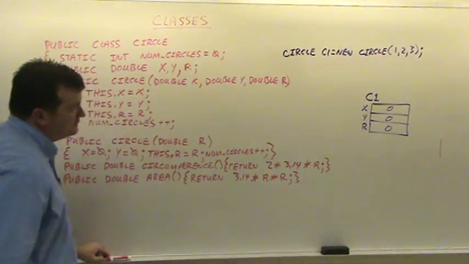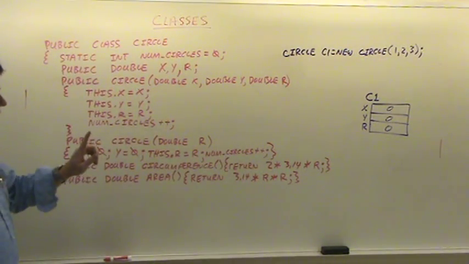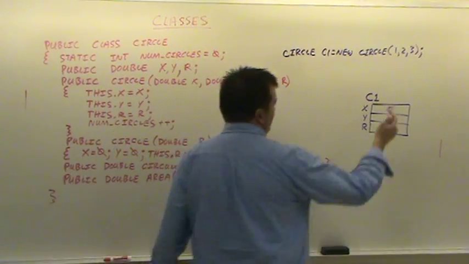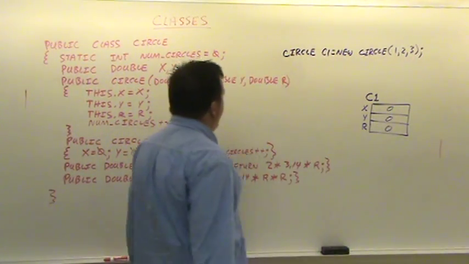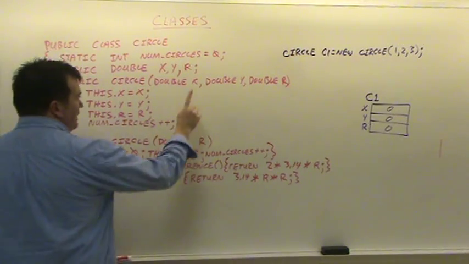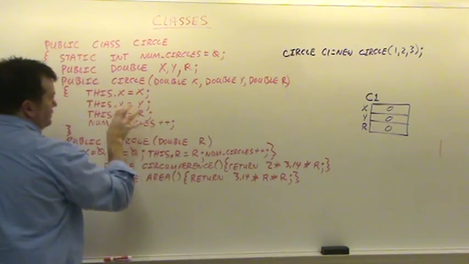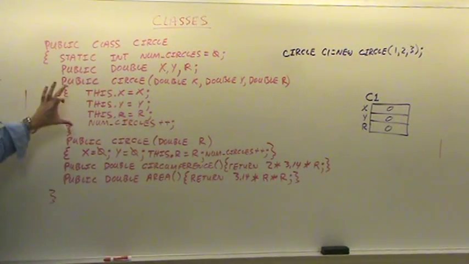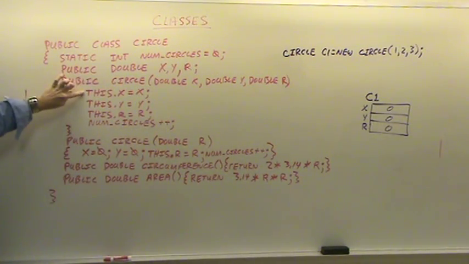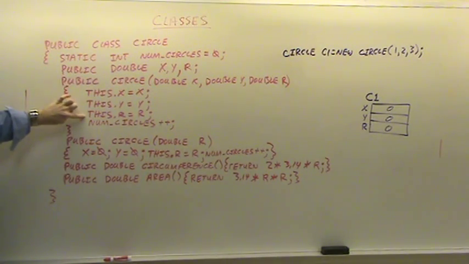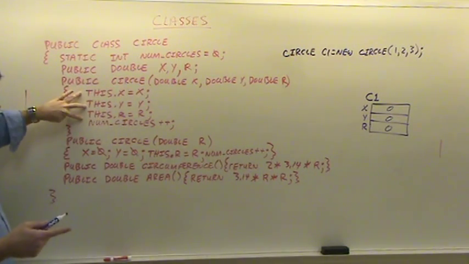Okay. Now, the parameters I'm passing in are 1, 2, and 3. So they're coming in as x, y, and r as parameters to this method. You might be seeing this for the first time, but you have this variable, this, which refers to the object that this method is being bound to.